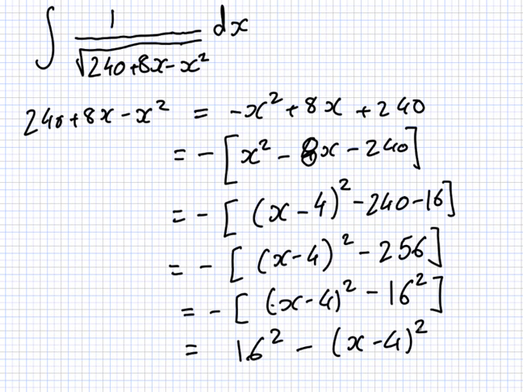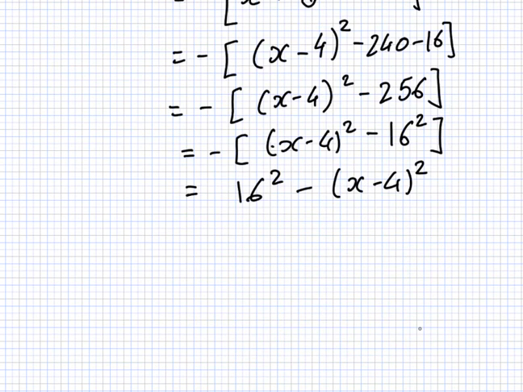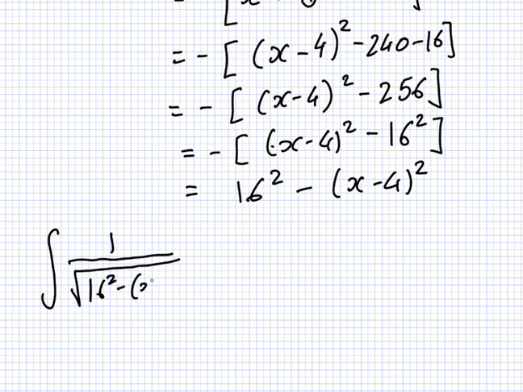Okay. Can I go on to this? Continue? Yeah. So our problem can be changed into this now. Square root 16 squared minus x minus 4 squared dx. And the substitution trick is still the same. We say let u equal x minus 4 over 16.